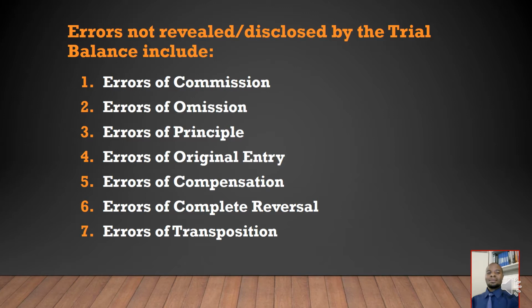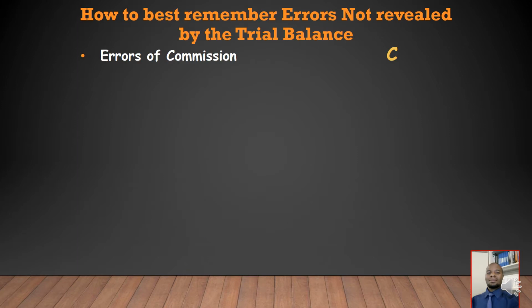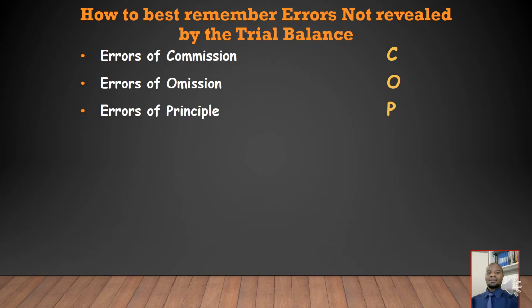Now the good news is there is a better way to remember all these errors, like they are right on your fingertips. Let's take a look at the next slide and see how best we can remember this. Let's take the first letter from the word commission. We take the first letter from the word omission. We take the first letter from the word principle.